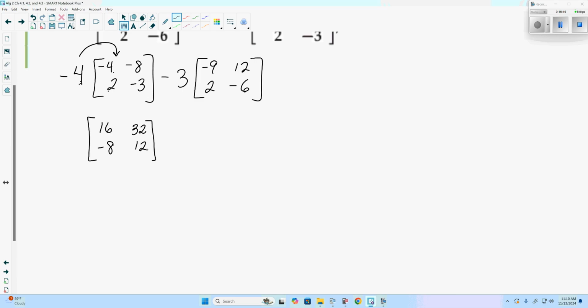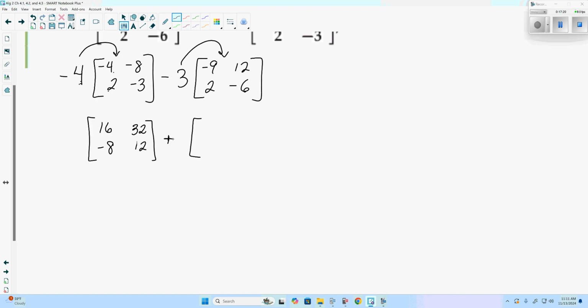Now the next thing is applying the 3 to the second matrix. Now we can multiply it by 3 or multiply it by negative 3. Now if we just multiply it by positive 3, the last thing we'll have to do is subtract. But if we multiply 3 by negative 3, we took the negative with it, which means we're going to end up adding the two matrices together.